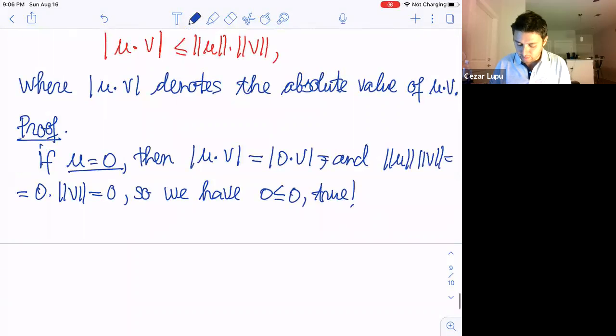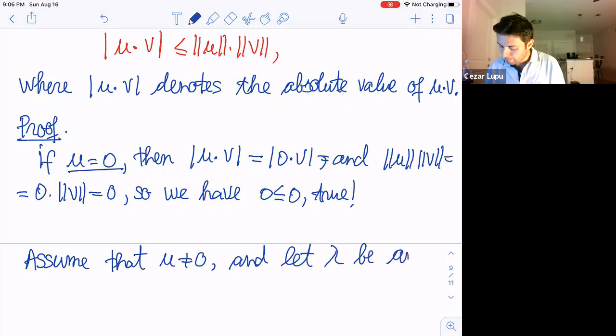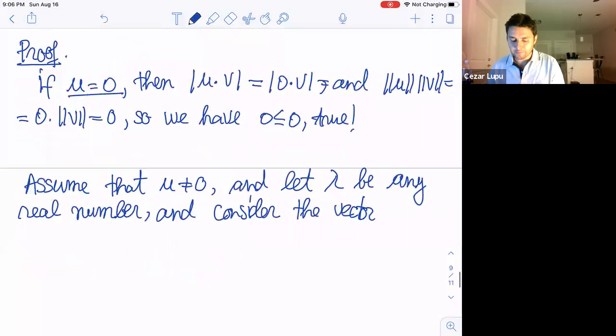Now, let's assume that u is not 0, and let lambda be any real number, and consider the following vector, lambda u plus v.